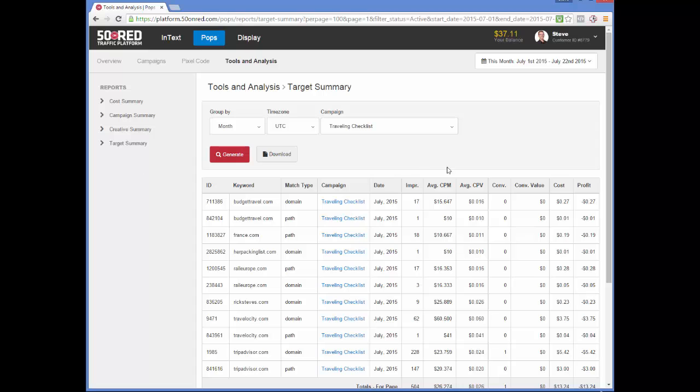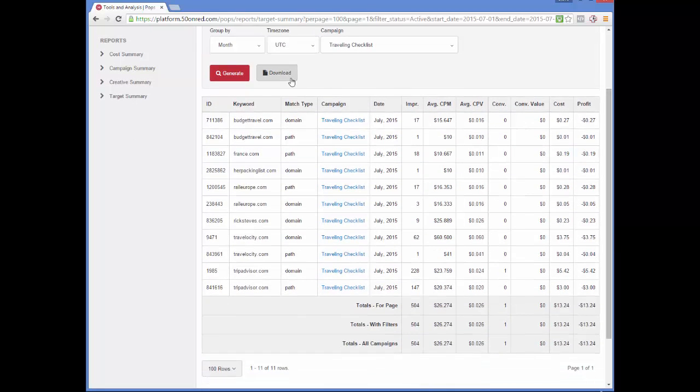So here we go. Domain and path. Path is our keyword input and domain was simply our domain. Again, our impressions, conversions. Now we could download that. This is only showing us URLs that have had any traffic, not the ones that receive no traffic.